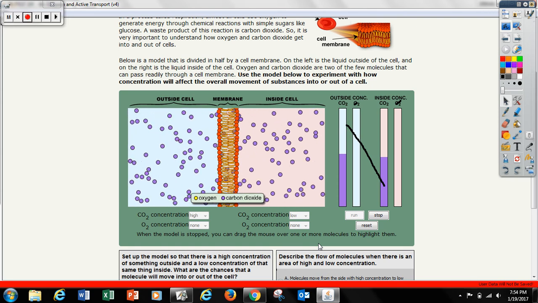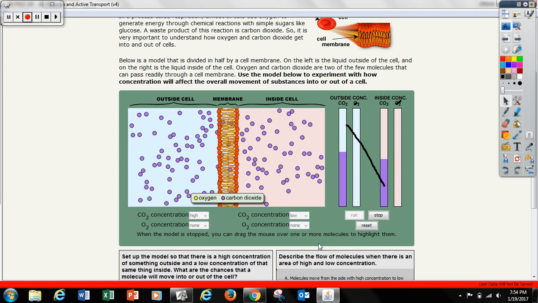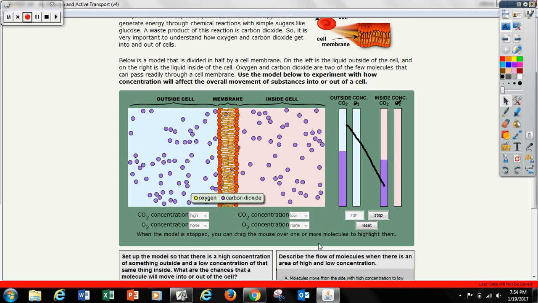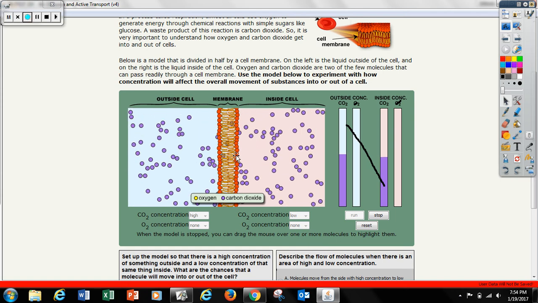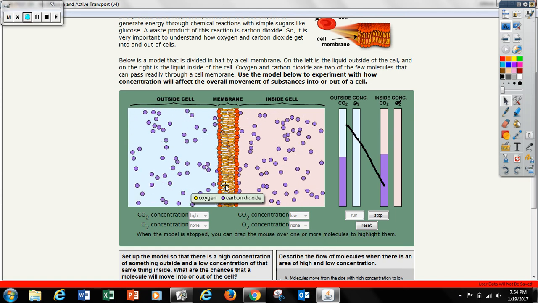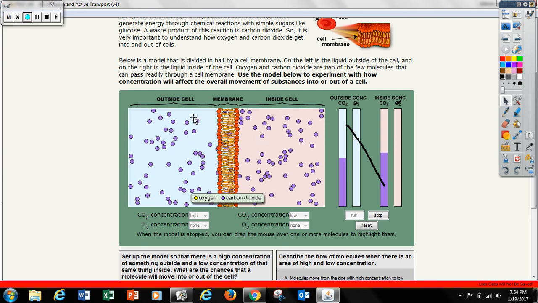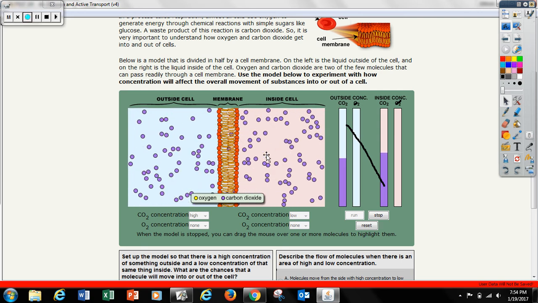Watch how it goes in a straight line until it hits something else, or until something hits it. And you can see that these really are just moving randomly. You can also, if you focus on the membrane for a little while, see, oh yeah, here's one moving that way, there's one moving this way. They are truly going in different directions.